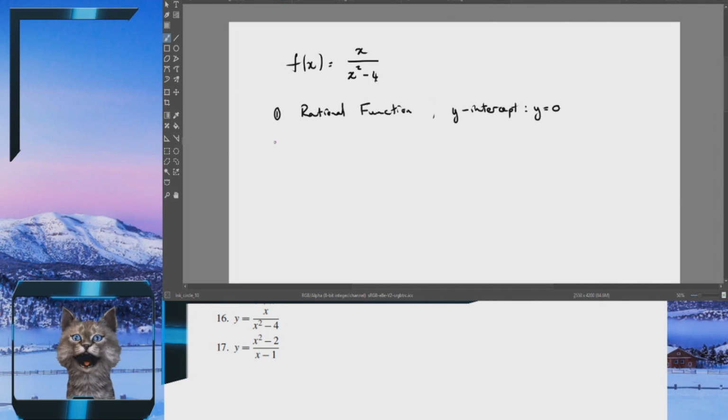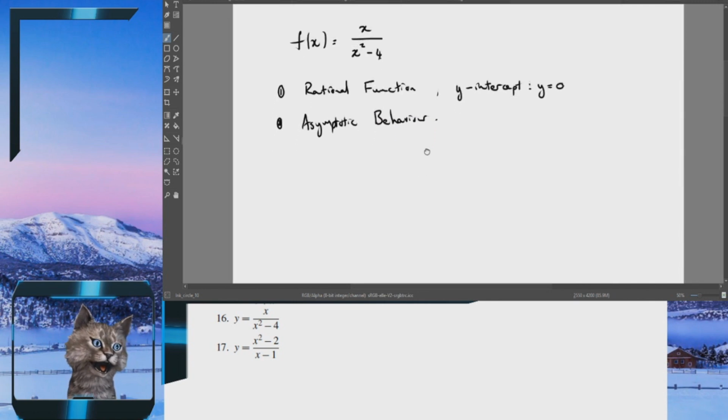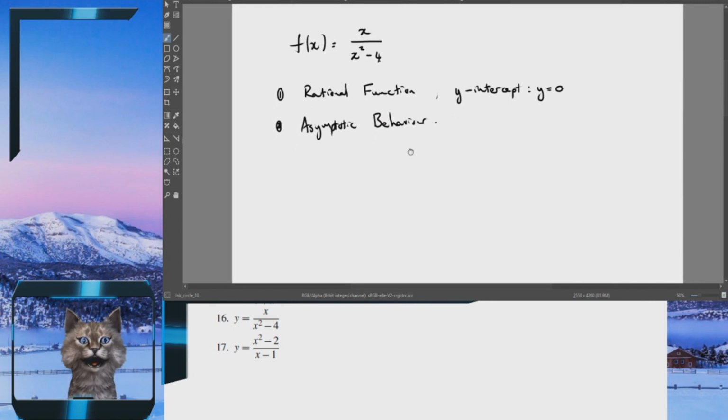So, next up, asymptotic behavior, where I want to see, are there any asymptotes? What are they? How does the graph behave? And so on. Well, for that, I'm looking at my function, and to see it more clearly, I might want to factor the denominator, difference of two squares, x plus 2, x minus 2.